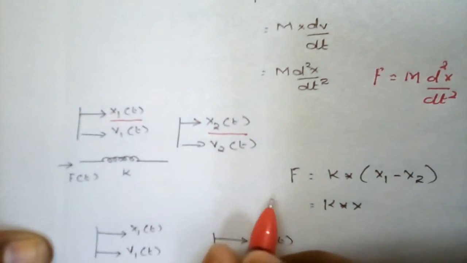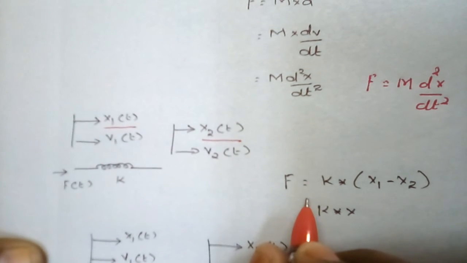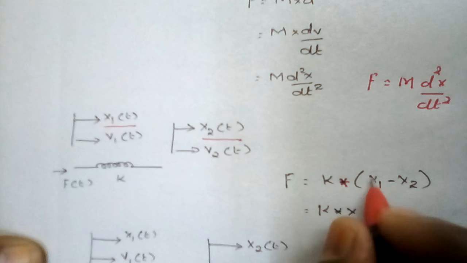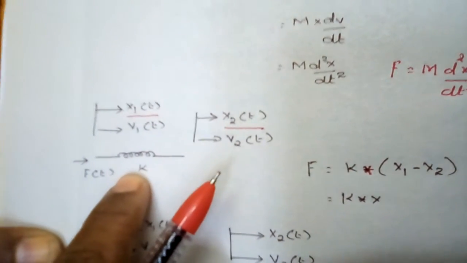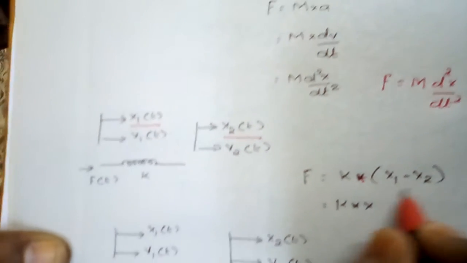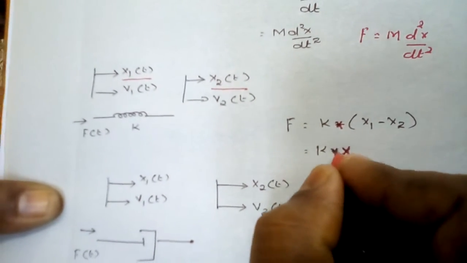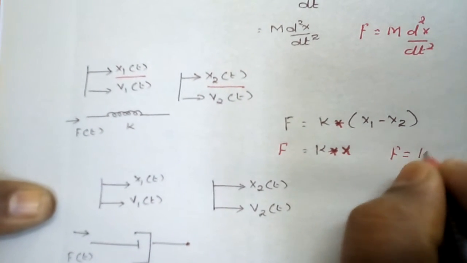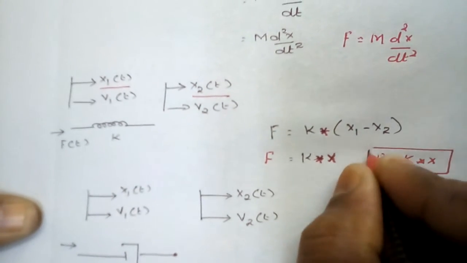The force exerted on the spring element is given by f of t is equal to k into x1 minus x2, the difference between the two displacements experienced by the spring element. And x1 minus x2 is x, so F is equal to k into x. This is for the spring element.